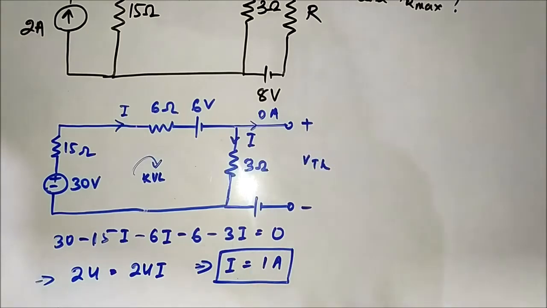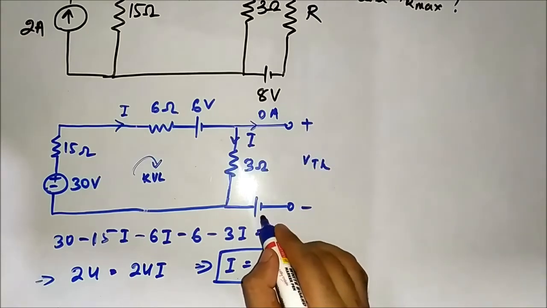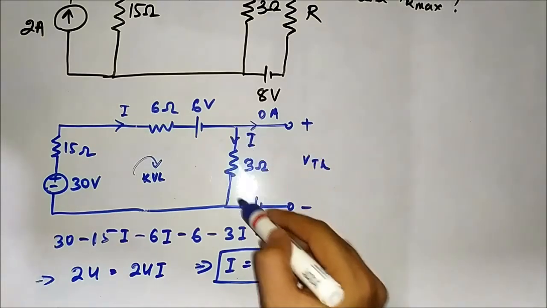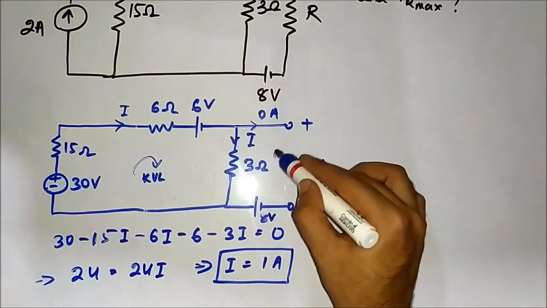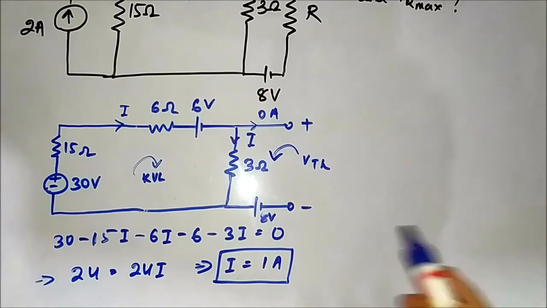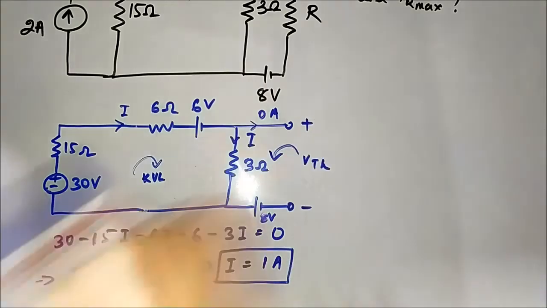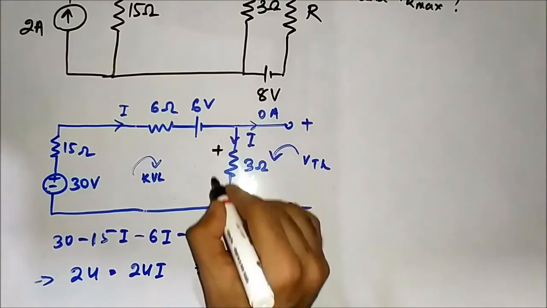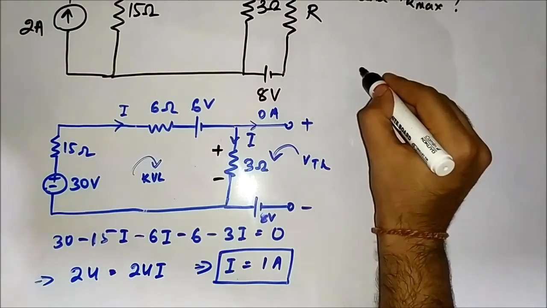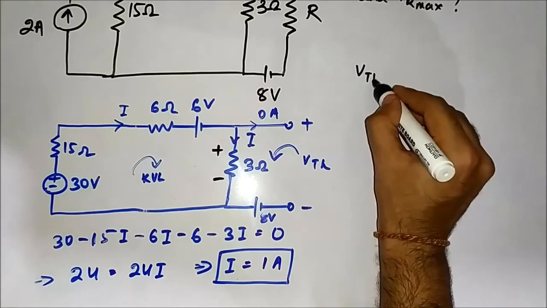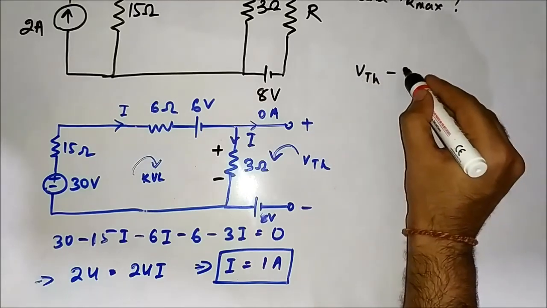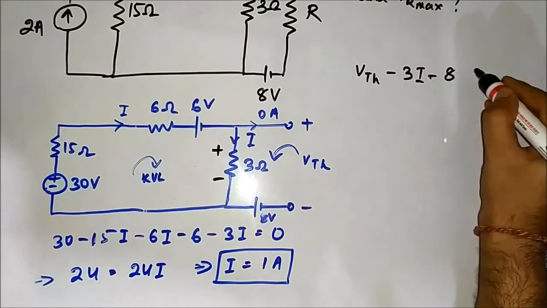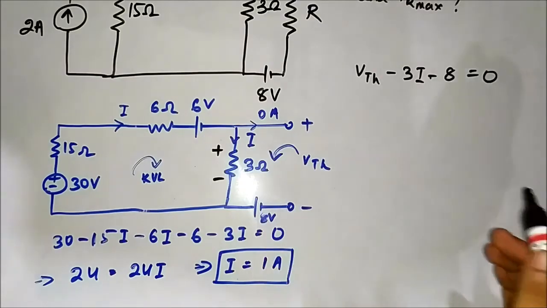Now we have to find the value of VTH. Here it is 8 volt. If we apply KVL in this direction, with this polarity, plus minus, we get VTH minus 3I minus 8 is equal to 0 because it is 8 volt.